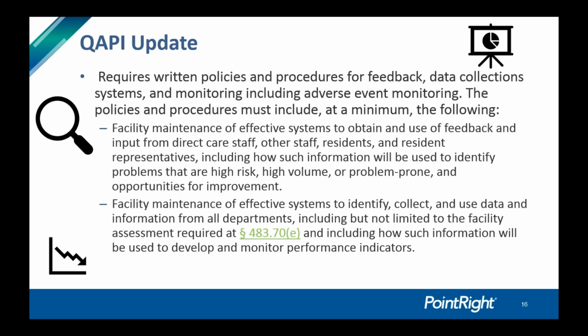And the policies and procedures, when you're putting them together, minimally have to talk about how you're going to maintain your systems. Once you determine that you're going to get feedback, how are you going to maintain and use that feedback? And you need to get it from, as I mentioned, a variety of sources. And here's where I started talking about, when you're planning your QAPI agenda, you really want to look at things that are really high risk, that happen once, and happening once, like an elopement, really has a lot of risk for the resident and for the staff.